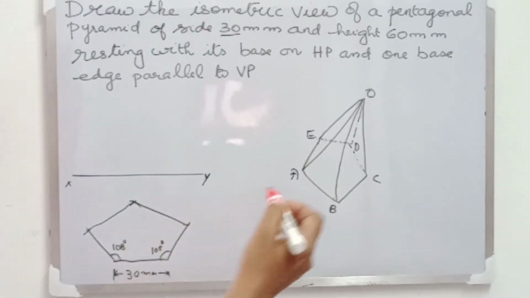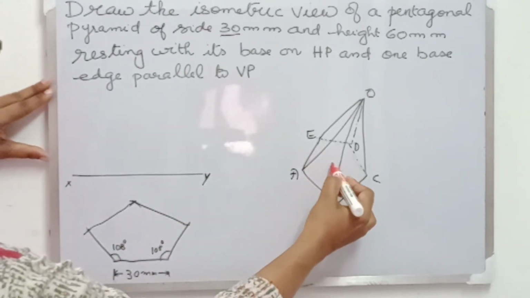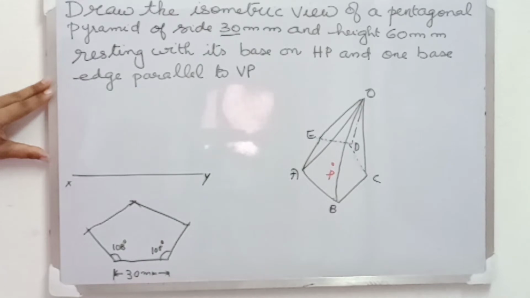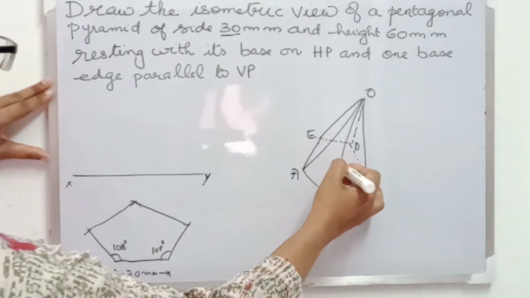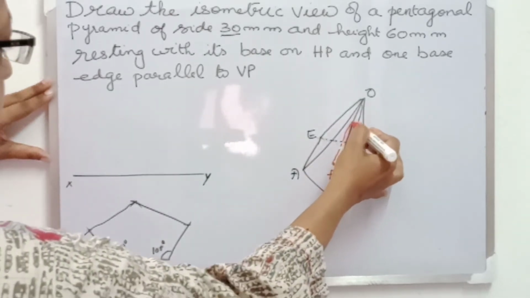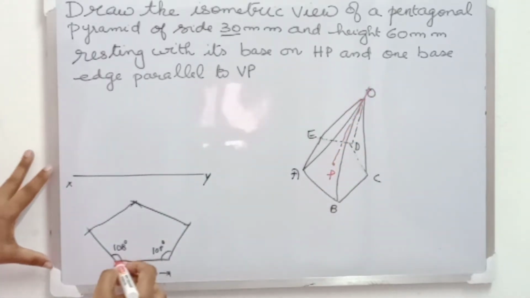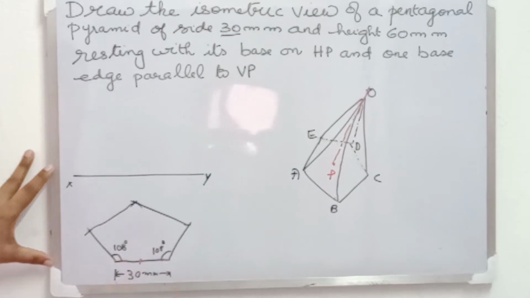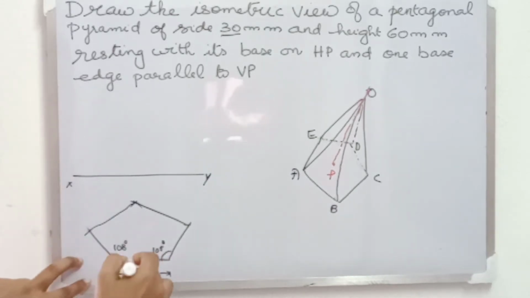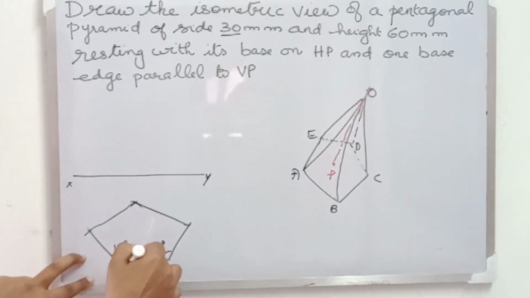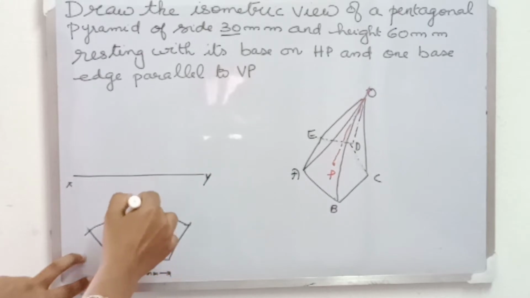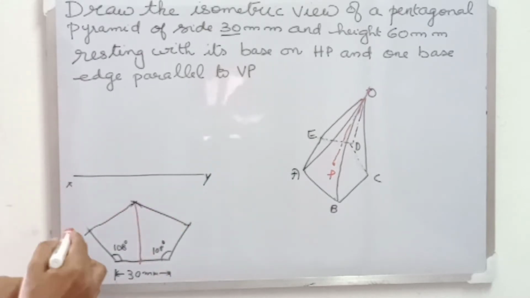Next we need to mark the point O. For that, let us mark the center point on the base and a line joining center point of the base, that is P, and apex is the axis. So to mark the point P on the base, draw a line from midpoint of one of the edge to the opposite corner.